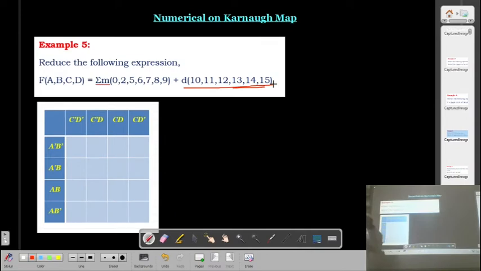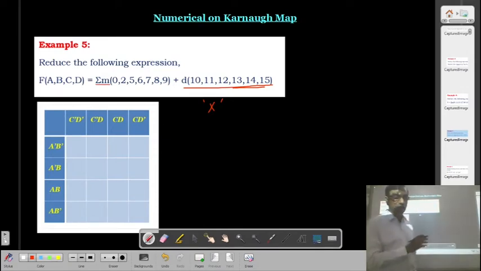And for this don't care condition, we mark a cross in the Karnaugh map. When we are simplifying, we can consider the cross as a high level or as a low level, because that combination never occurs. So you can consider it as a high level or low level for simplifying the circuit.